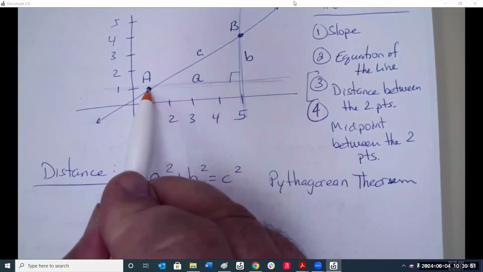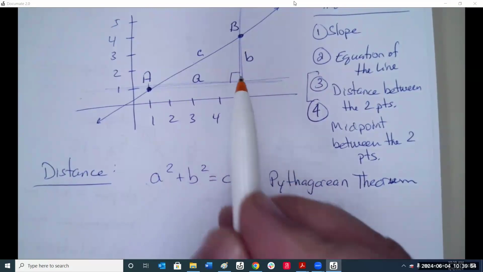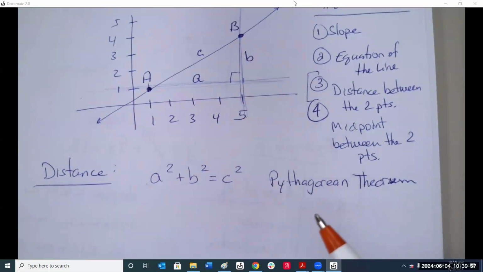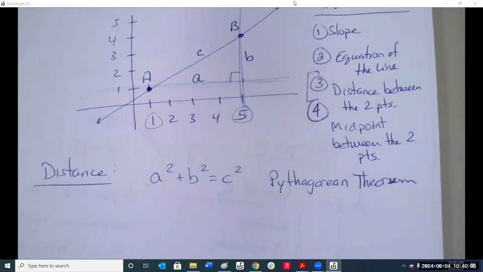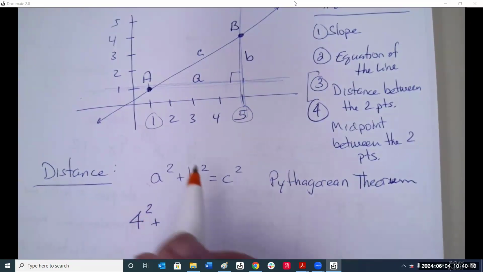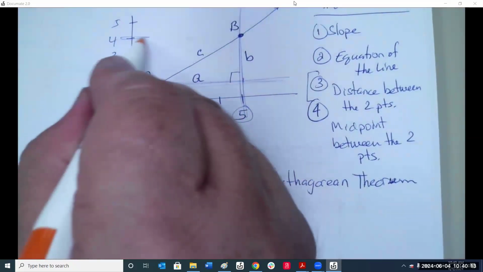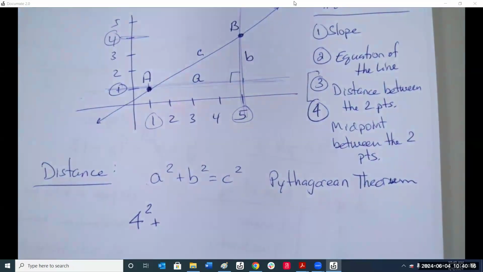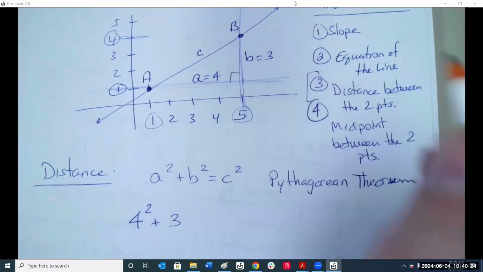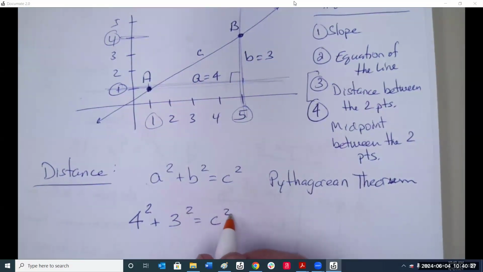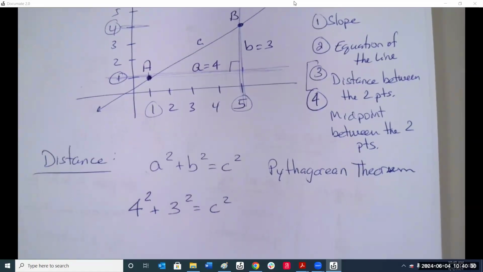So how far is it from this point horizontally to this point? This one's at 1 and this one's at 5. How far is it between there? How far is it vertically between 1 and 4? So now we have all the information we need.